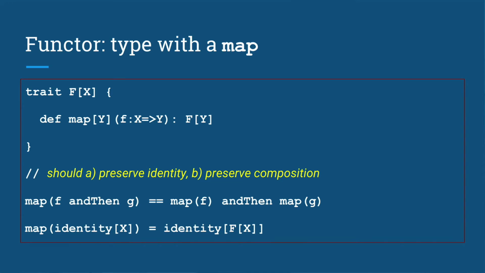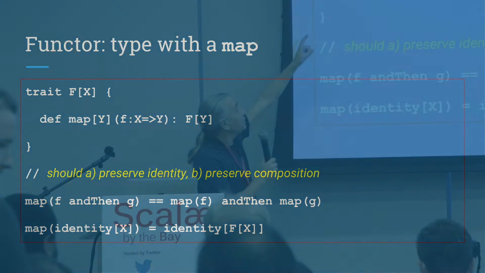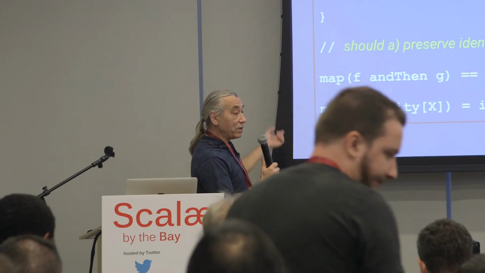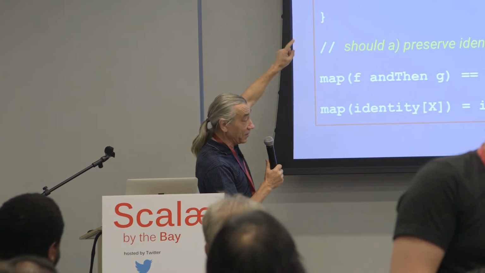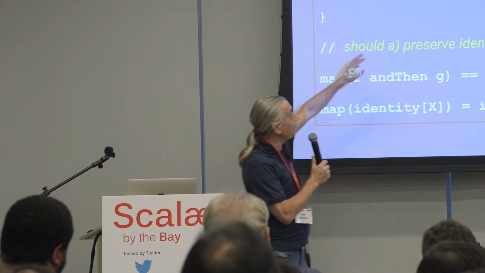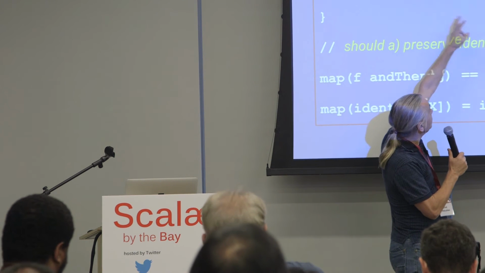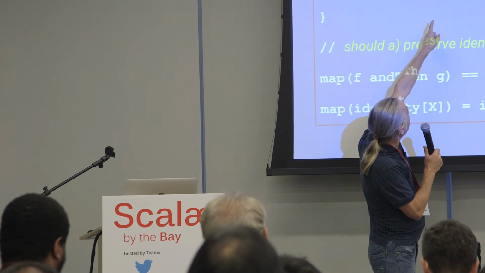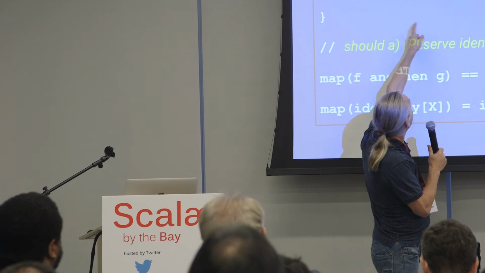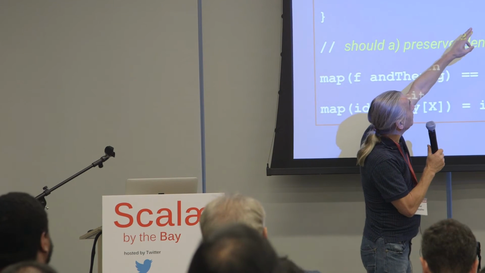The result would be a value of type F of Y. So now F maps types: take a type X and gives us a type F of X, but also it has a mapping from functions to functions.